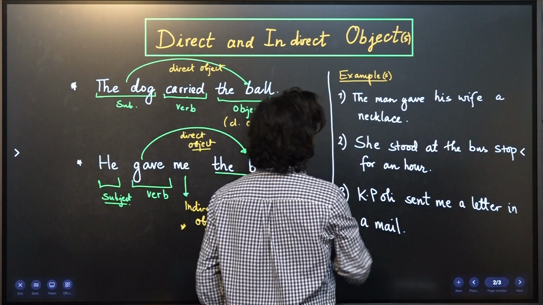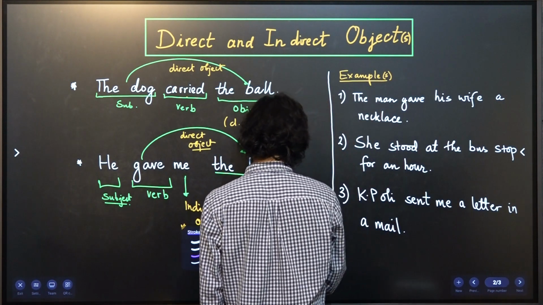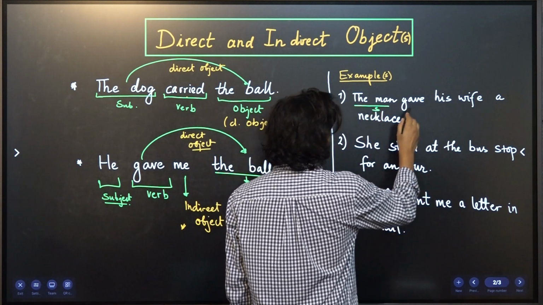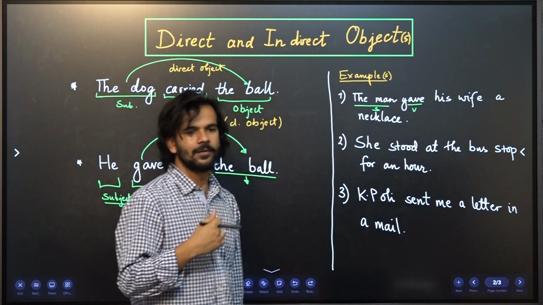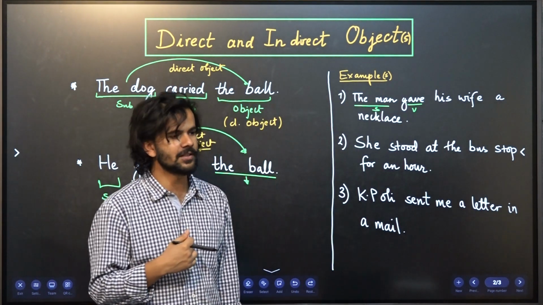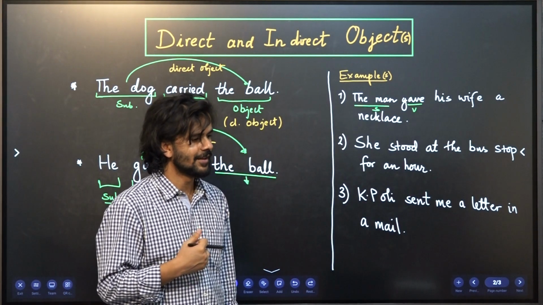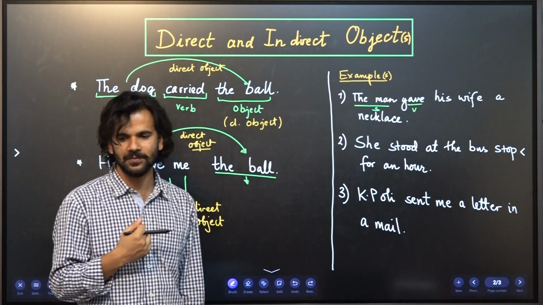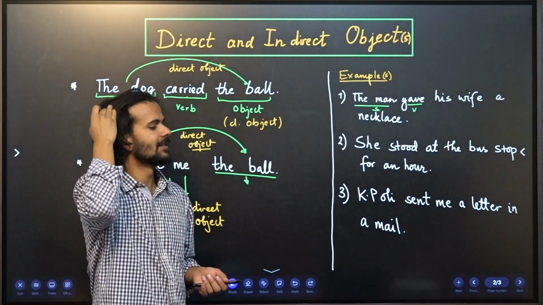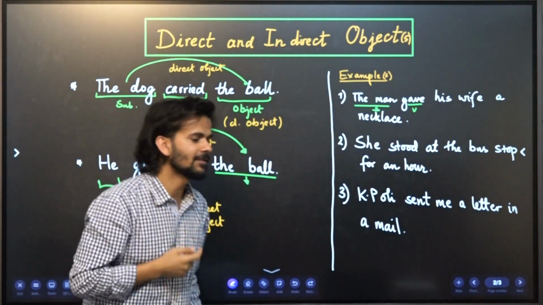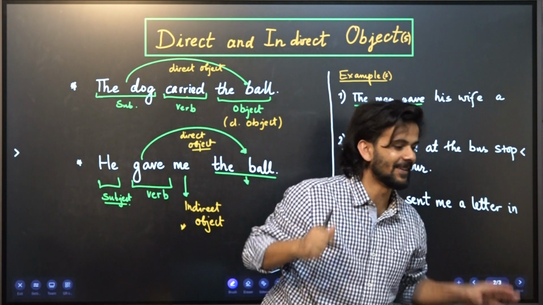Now let's have a look at these examples. The man is the subject, right? Gave is the verb. The man gave his wife a necklace. Did the man give his wife to somebody?